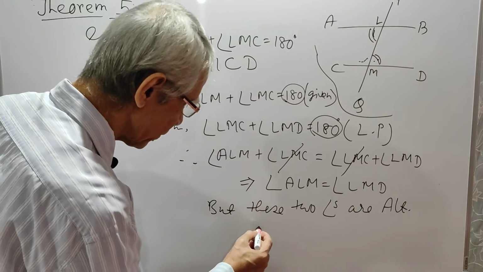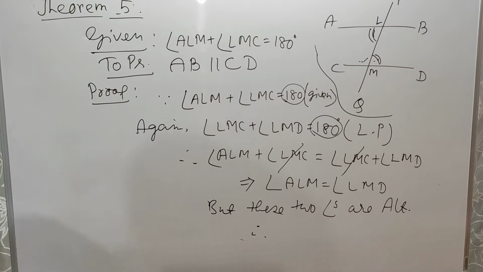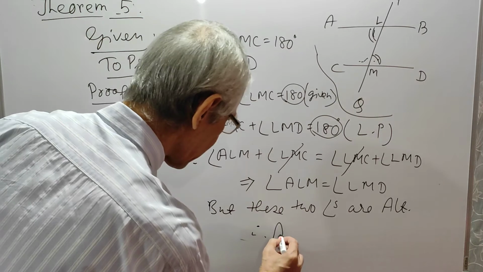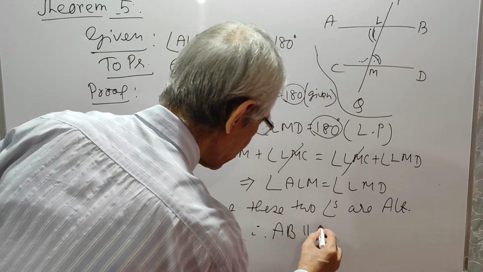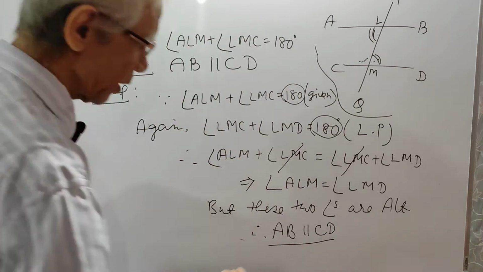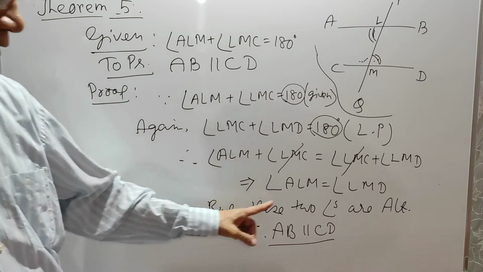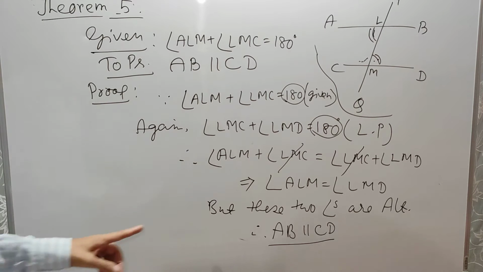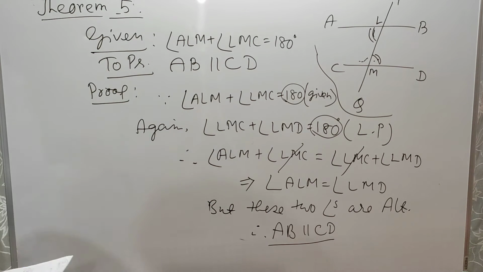Therefore, what we conclude? AB parallel to CD, according to one theorem before: if alternate angles are equal, then lines are parallel. Okay. So this is how we do theorem 5.